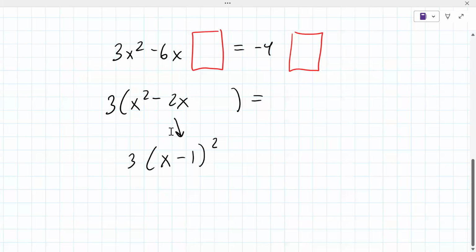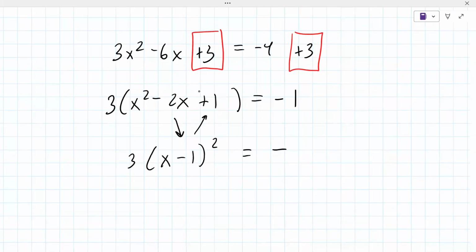Got it. So what goes back here is plus 1 because it's the minus 1 squared. Then you're multiplying everything by 3, so that gives you a plus 3. That's where it comes from. Now there's other ways to do this, so this is not the only way.